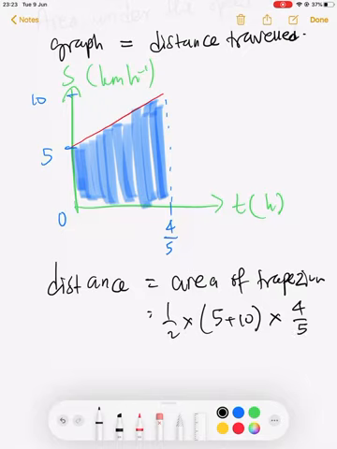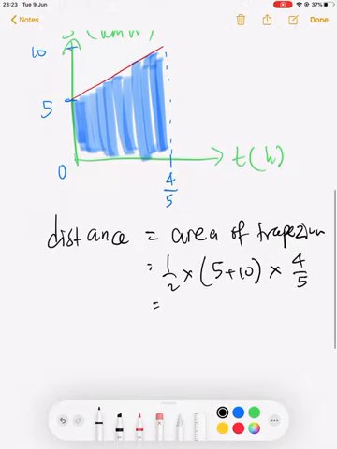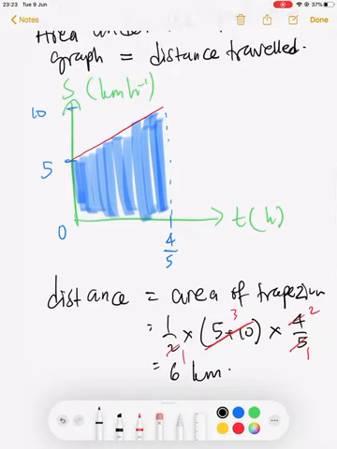That is 15 times 4/5 times 1/2, which gives 6 kilometers. So the distance is equal to 6 kilometers for this graph.